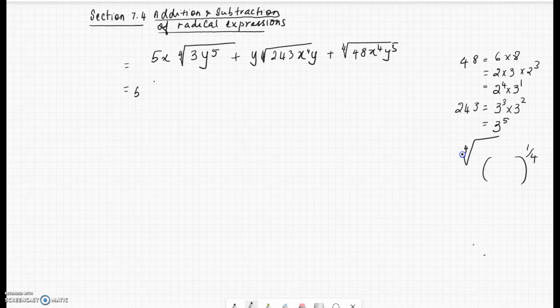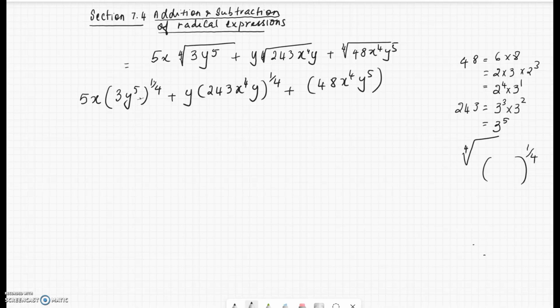So 5x times (3y) to the 5th, whole to the 1/4, plus y times 243 x to the 4th y, whole to the 1/4, plus 48 x to the 4th y to the 5th.